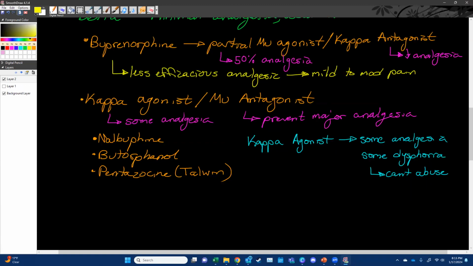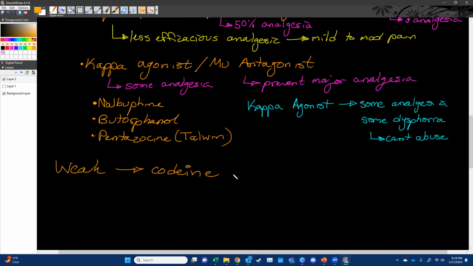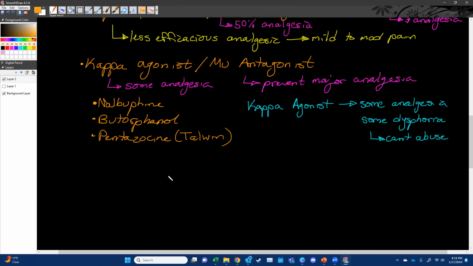All right. And then, of course, as we talked about, our weak is codeine. Why is codeine our weak mu agonist? Oh, good question. The ADRs. So let's group them by their mechanism.